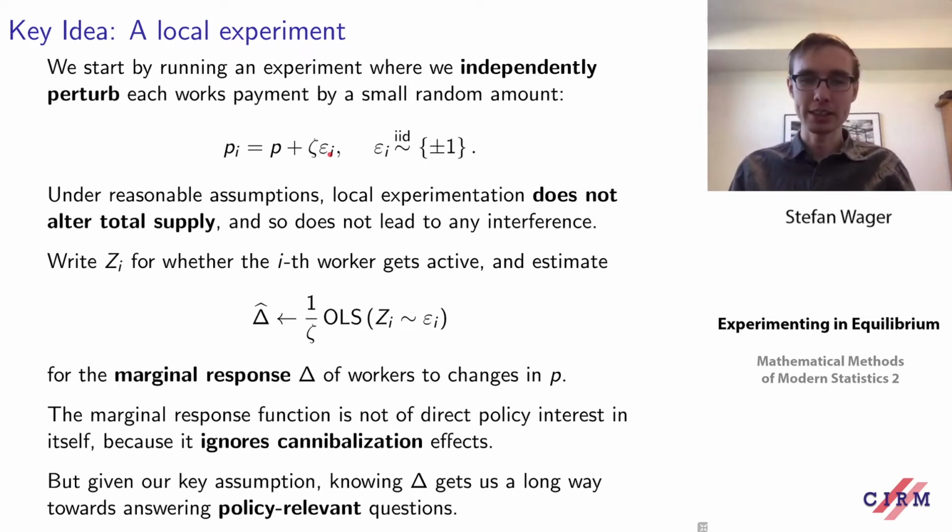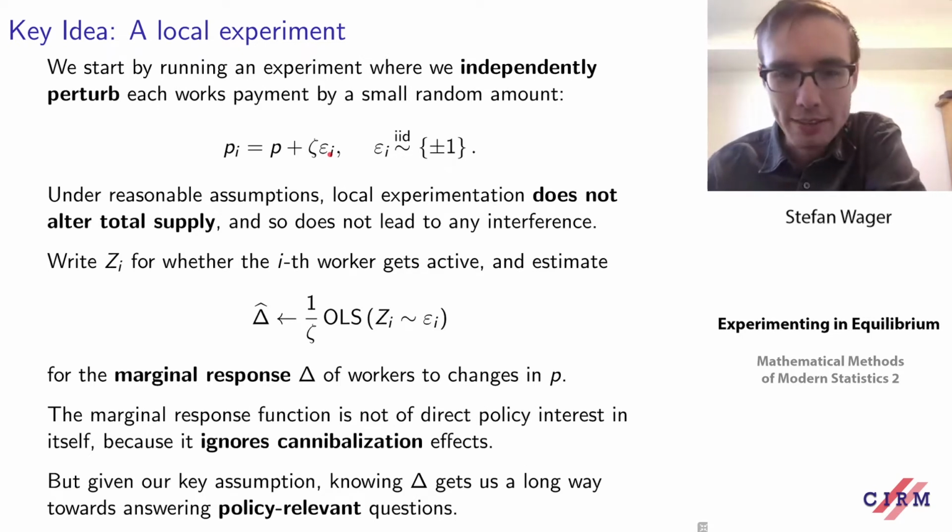What delta answers is, if we keep the system in equilibrium and we pick one random person and pay them a little bit more, how much more likely are they to join the marketplace? But it turns out you can do some mean field modeling to go from delta, this thing that's easy to measure, to d mu dp, the thing you actually care about for optimizing the system.